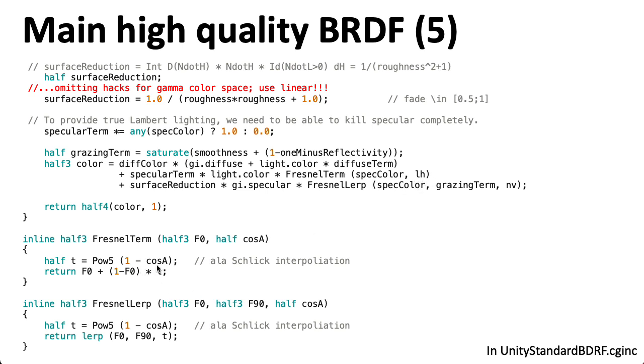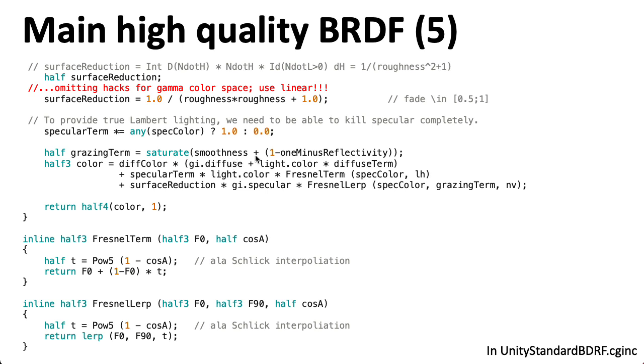But if you're using reflection probes, if you're doing a global illumination kind of computation, you use N dot V in this expression. But there's this weird variation with this grazing term where instead of morphing between f naught and 1, you morph between f naught and this f90, where f90 is this grazing term.